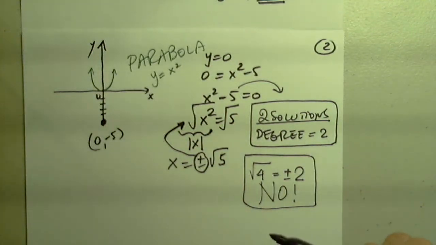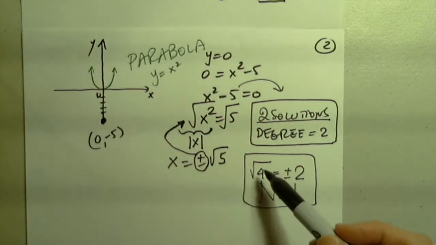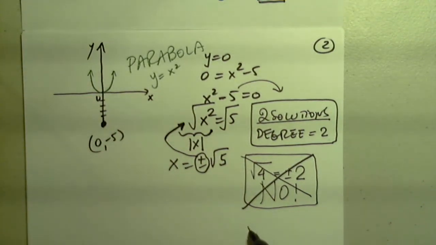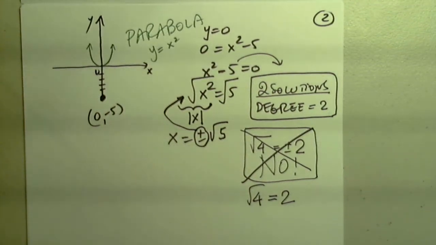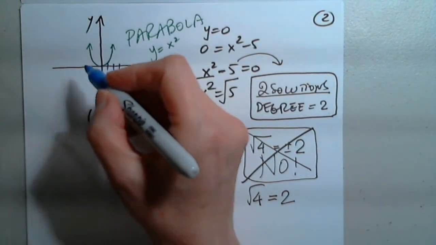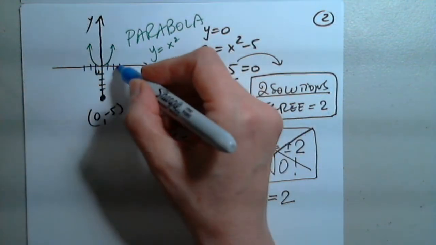So be careful with that. The square root of 4 is only 2, not plus or minus 2. When you look at the equation x squared equals 4, that does give us plus or minus 2. Okay, so this is approximately 2 point something, so I'm just going to graph it.